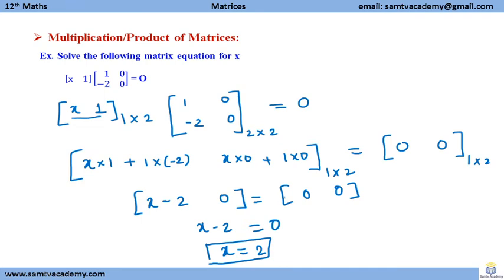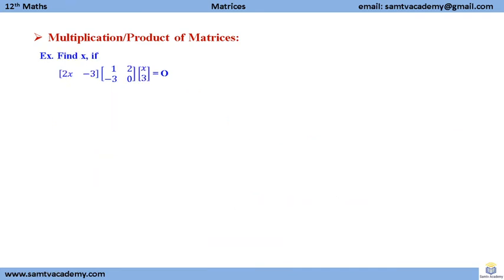Let's take another example. So here also first we will see what is the order of each matrix. This is a 1 by 2 matrix, this is a 2 by 2 matrix, and this is a 2 by 1 matrix.